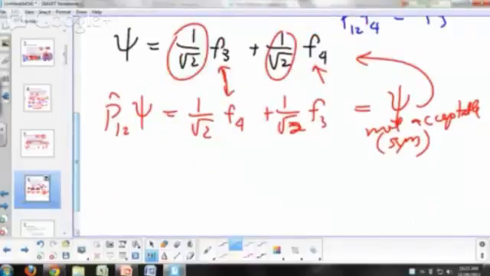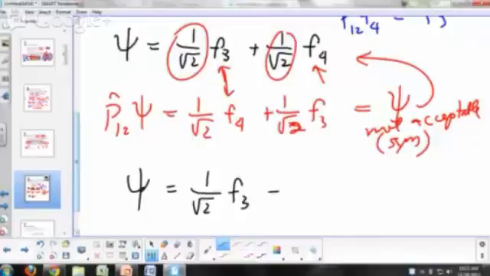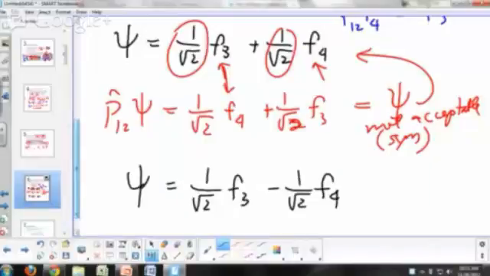What if I were to write psi equals 1 over square root of 2 F3 minus 1 over square root of 2 F4? What would that be?